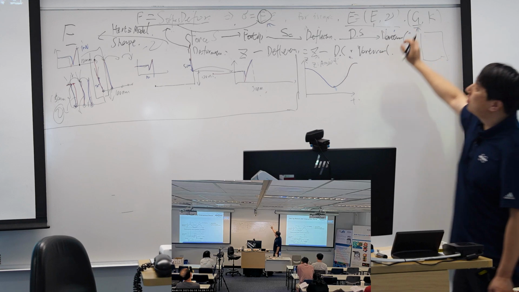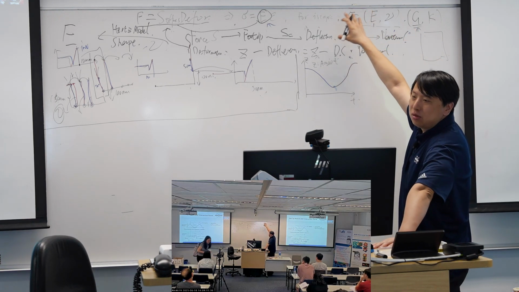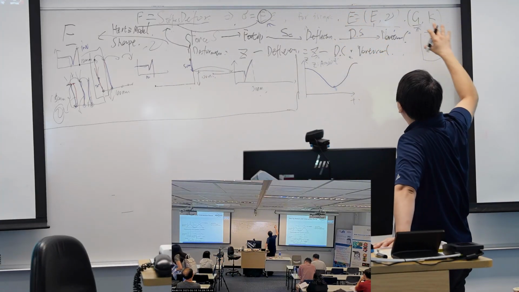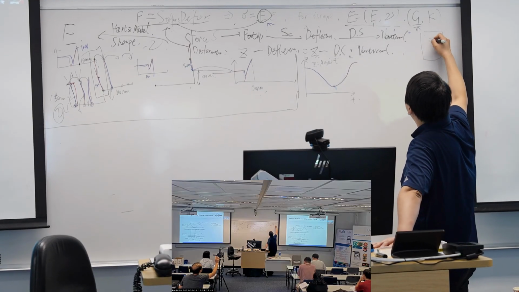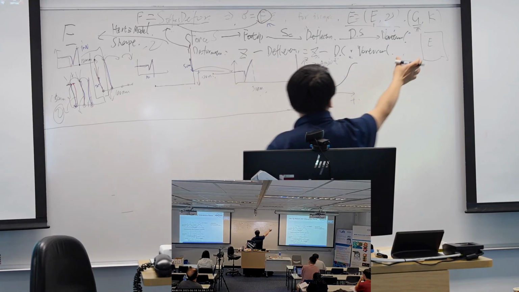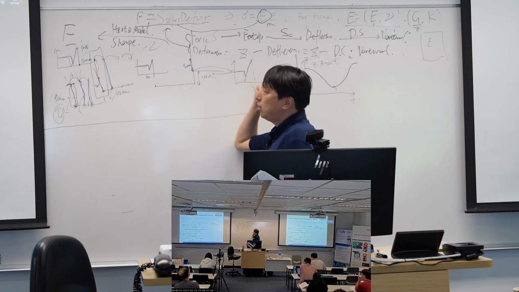Then from the force curve, we do the analysis to get the modulus out from the force curve, and then we can get a modulus mapping. That's our total idea.